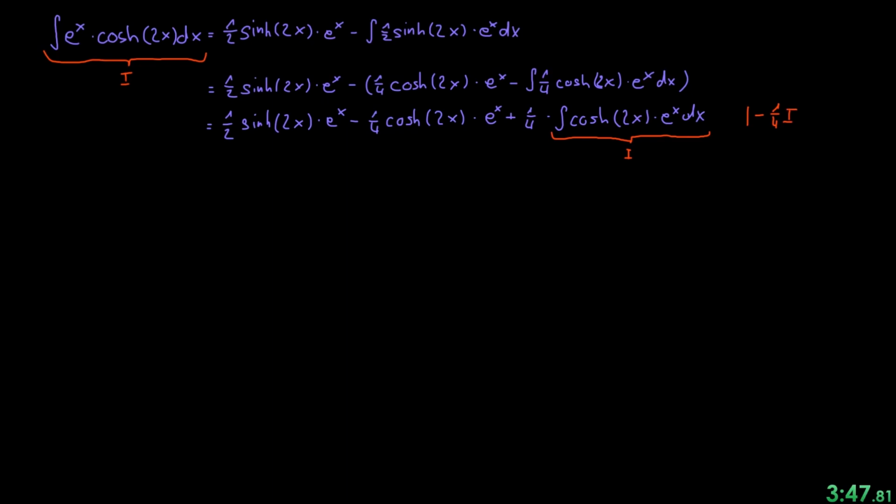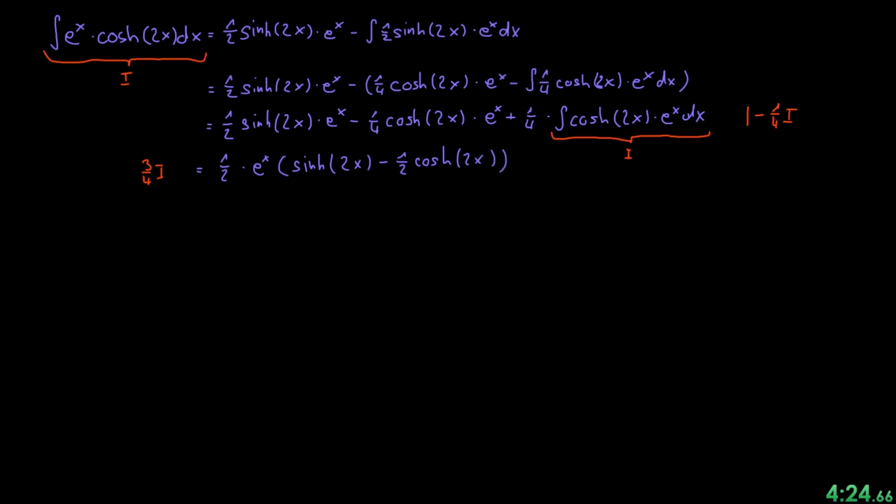So what I'm left with is 3 over 4 I, which is equal to this entire rest here. 1 over 2 times, and let me get that e to the x out, hyperbolic sine function of 2x minus 1/2 the hyperbolic cosine function of 2x.